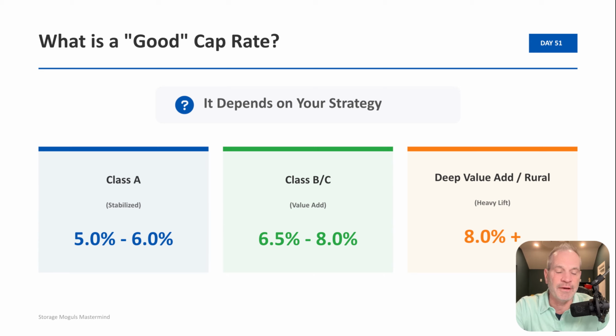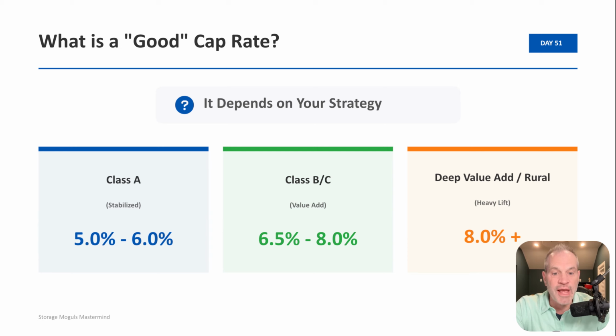They typically have cap rates in the 6.5 to 8% range right now. For deep value add or rural properties, which require a heavier lift, cap rates could be 8, 9, 10, 11, 12% or higher. Your ideal cap rate aligns with your risk tolerance and investment goals.